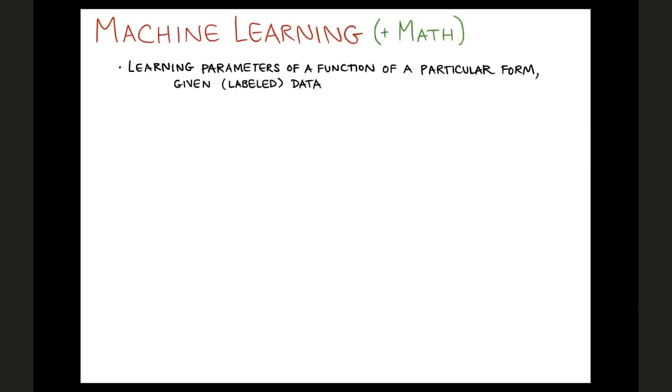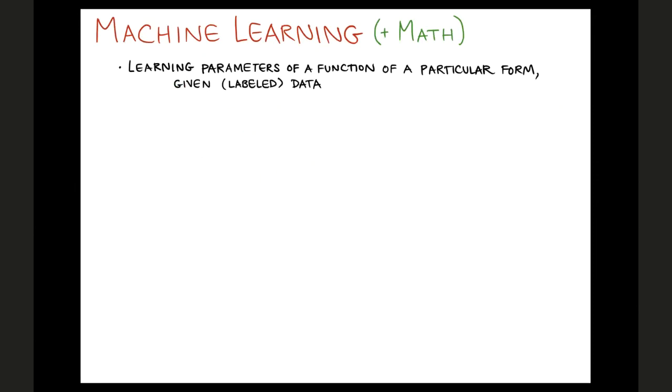The basic thing that you do in machine learning, or one basic type of thing that you might do, is you might be modeling some kind of situation, and the best way to do the model is by learning some function. The idea always is that you guess the type of function first, and then you learn the parameters of the function, given a bunch of labeled data.